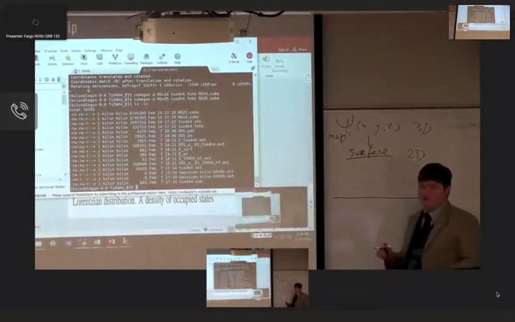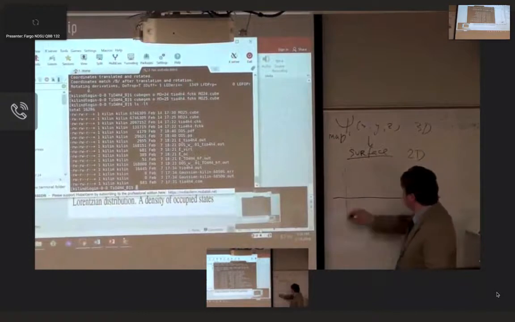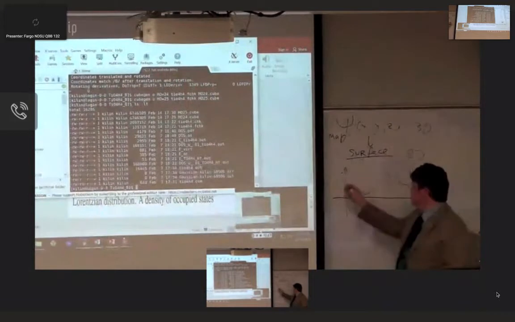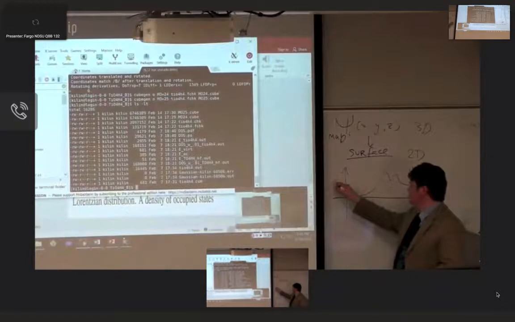I do not have this strong intellectual strength, so I will do it in one dimension. I will project from a one-dimensional function into a zero-dimensional point. So suppose I have some one-dimensional orbital, phi of x, right? And I set up a threshold, psi t.